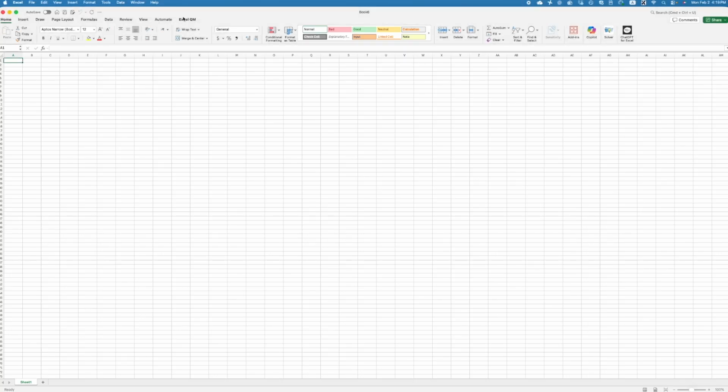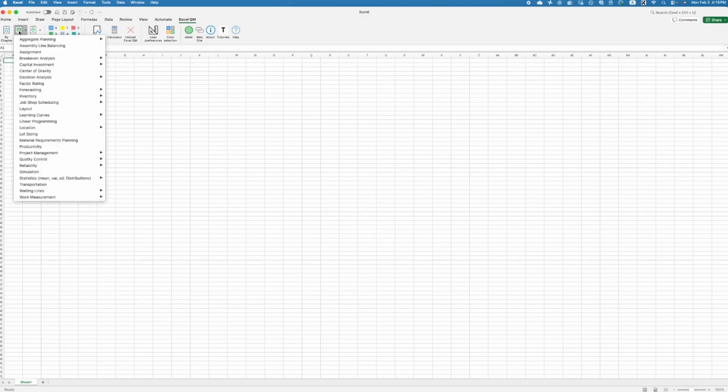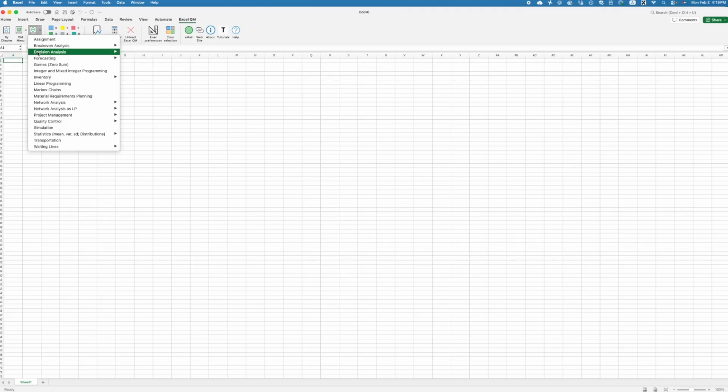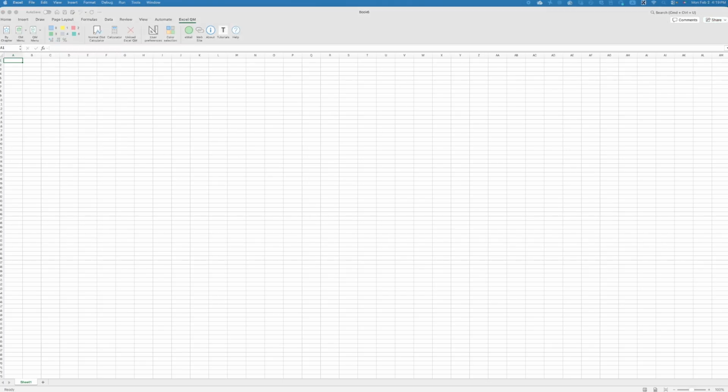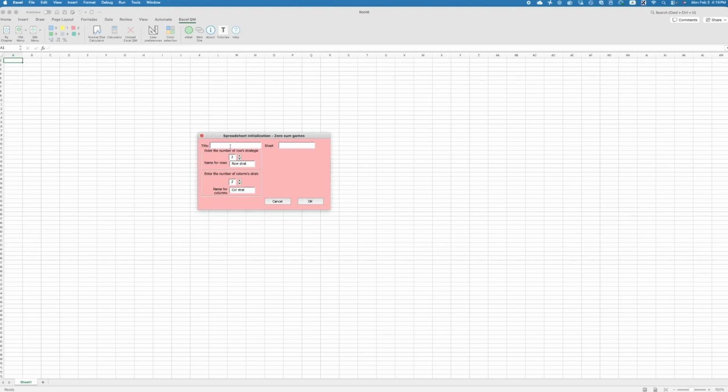So we are going to click on Excel QM, open the QM menu and go for Games, Zero Sum. We are going to just name it advertisement strategy. We have two choices for the first player, two choices for the second player.